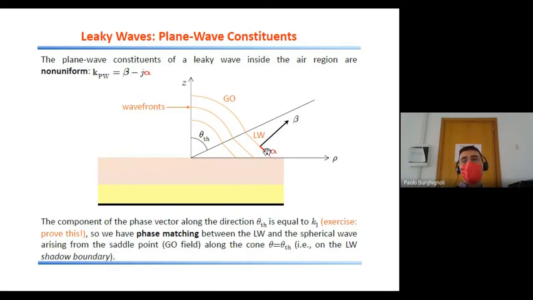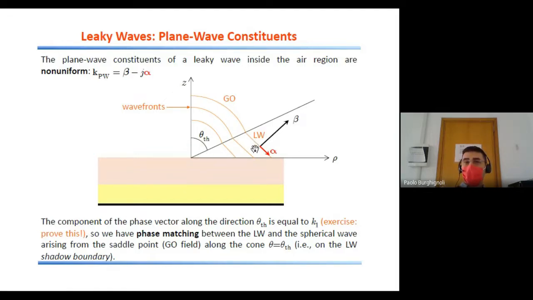And note that the direction of beta, this has been exaggerated in this picture, is not parallel to the edge of the angular region of existence of the leaky wave. That is because, as we saw before, the sine of theta threshold is larger than beta.